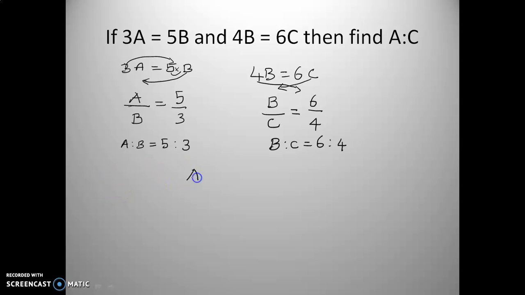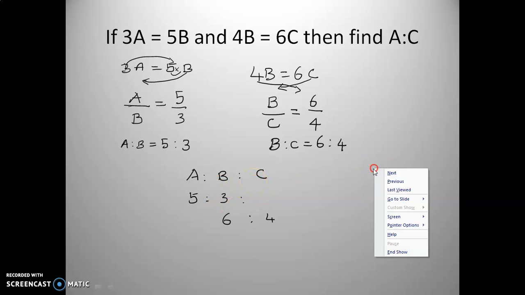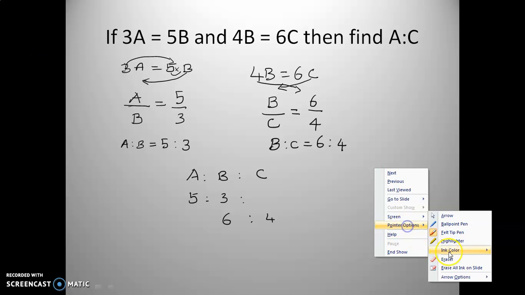Now as per the shortcut method, A is to B is to C. What is A is to B? 5 is to 3. What is B is to C? 6 is to 4. What should I do now? I have to do the same copying here. Let me do that copying in a different color.